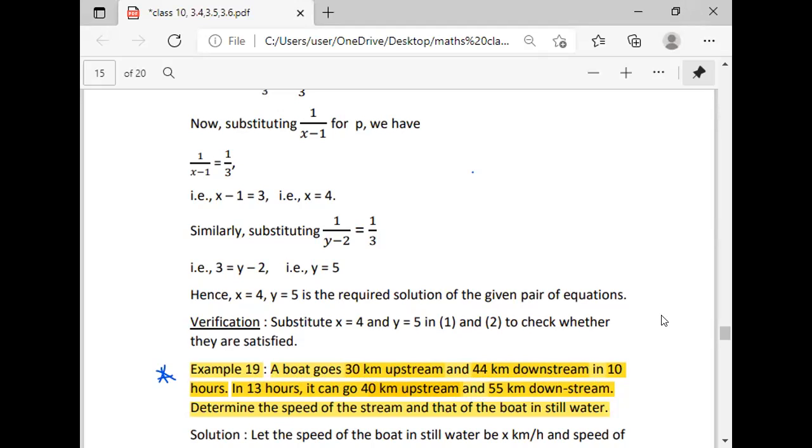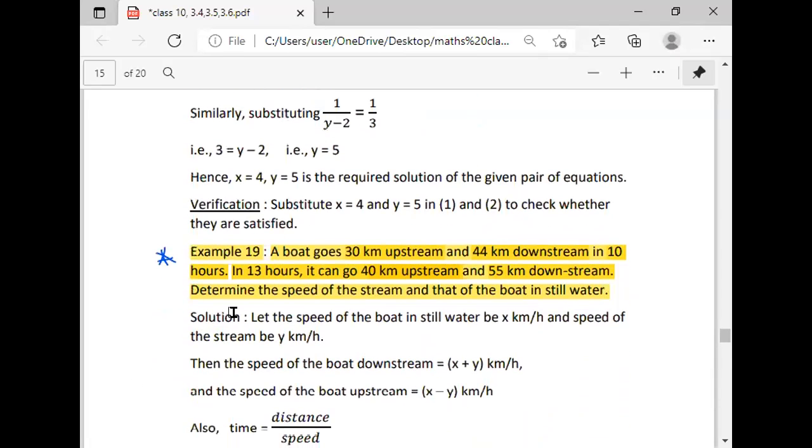That is only for your information. So this is our question, and we have to determine the speed of the stream and that of the boat in still water. Let us go to the solution. We denote the speed of the boat in still water as x kilometer per hour and the speed of the stream as y kilometer per hour.